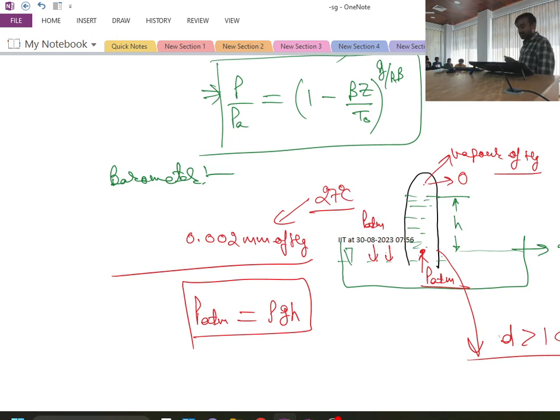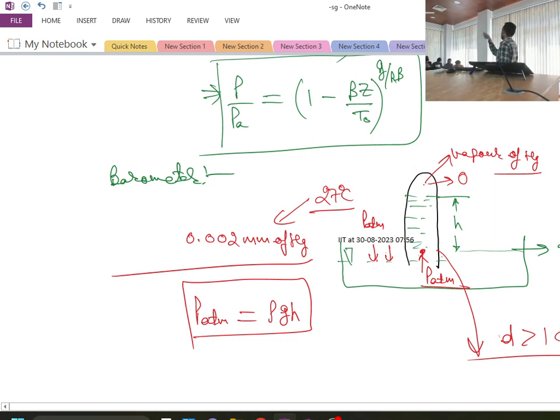Another important point is that we are not having any consideration of area here. The only thing is that I have to keep the diameter of the tube greater than 1 centimeter, but beyond 1 centimeter there is no limit.